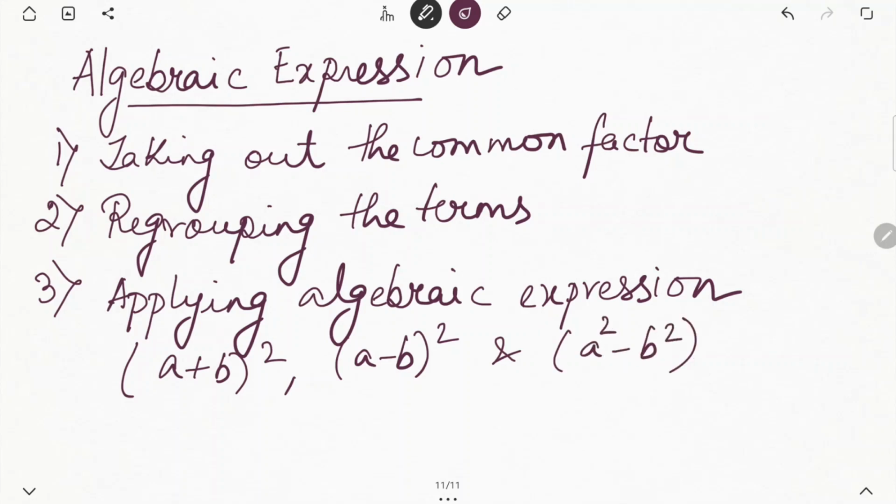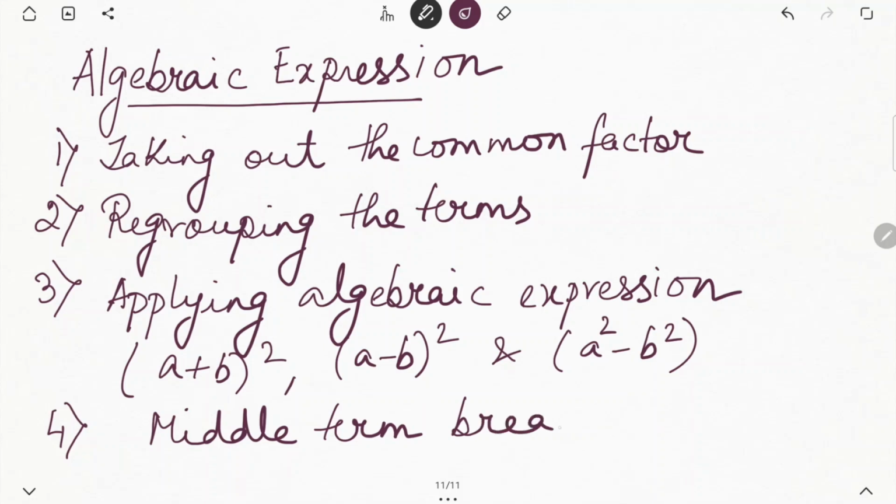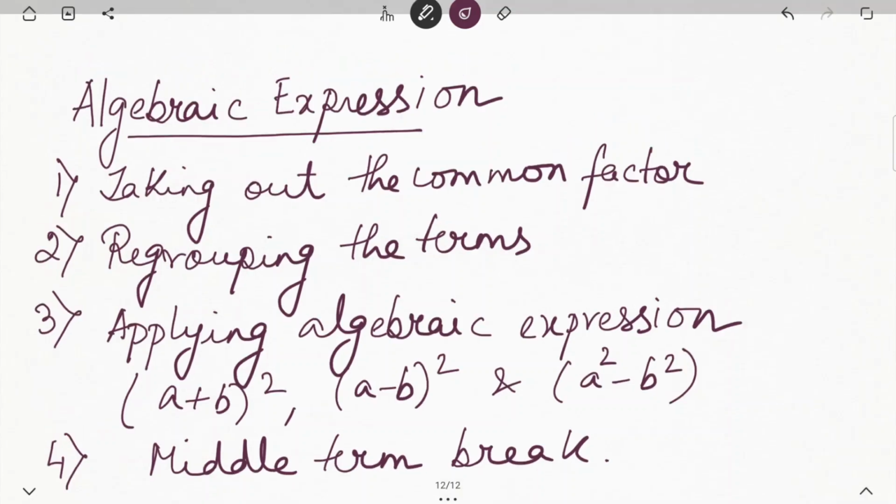These are the algebraic identities which we require for factorization, and the fourth one is middle term break. In this video I will be discussing the first method, how to factorize an algebraic expression by just taking out the common factor.